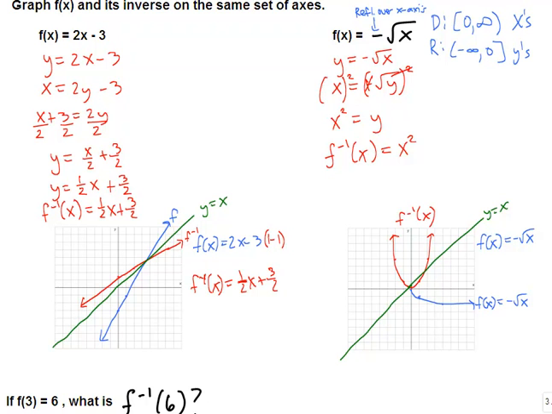So in the same idea, the domain and the range of the inverse are going to be the swaps of the domain and range of the original function. So the domain of the original function f becomes the range. So 0 to infinity should be the range of our inverse function, and the range of the original function becomes the domain of our inverse.